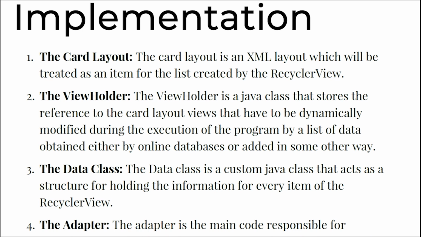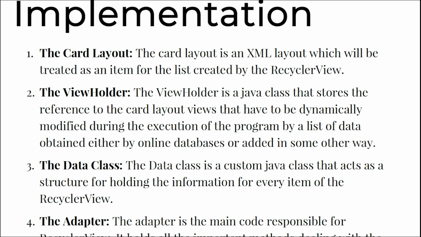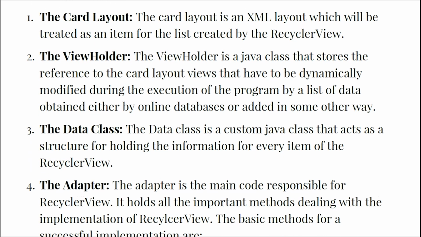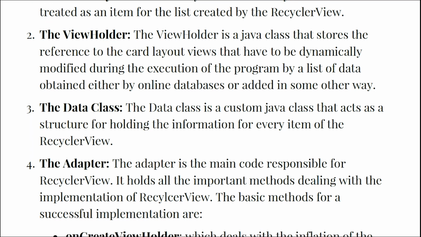This data class has the variables. If you are having 3 text views like in our example, we need to declare 3 strings in order to get them and display them to the user.